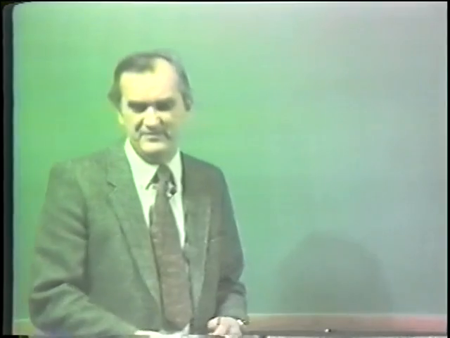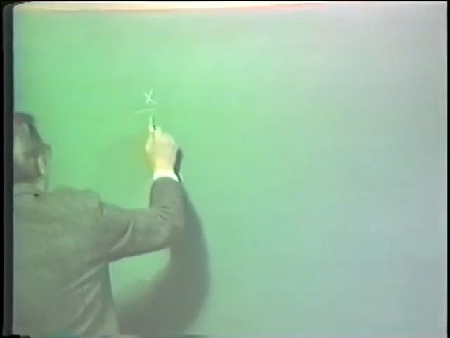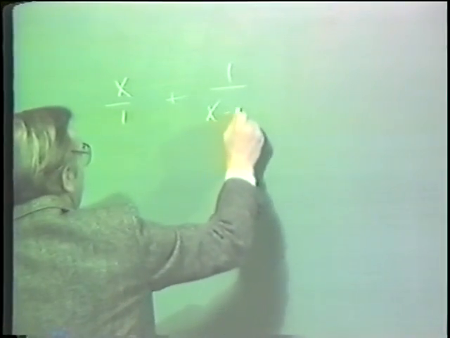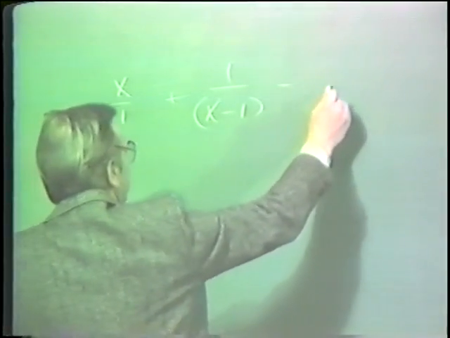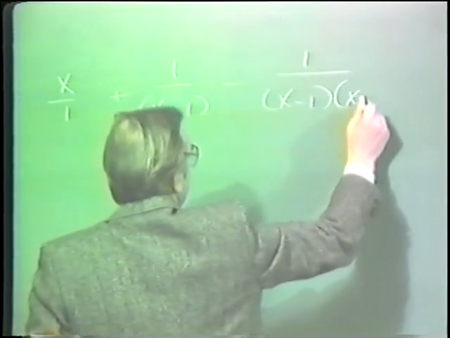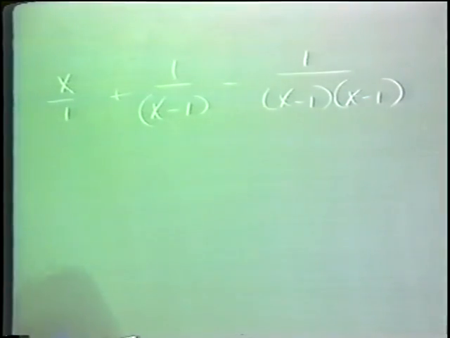Any other ones there? 33. 33 was a real nice problem, real bruiser. We have x over 1 plus 1 over x minus 1 minus 1 over x minus 1 times x minus 1.